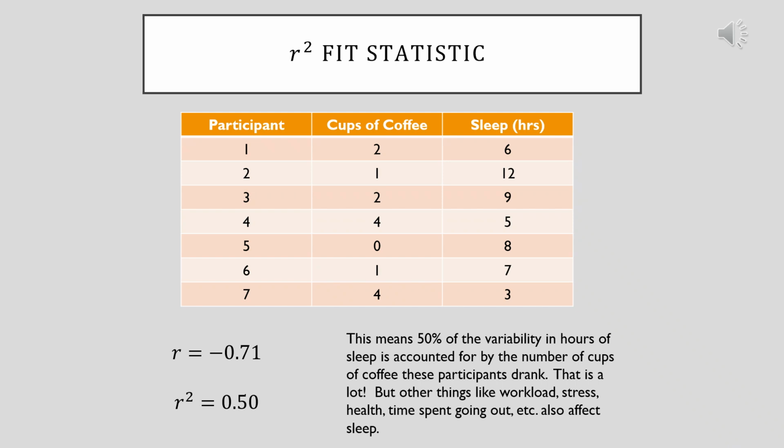Now in the real world, all those other things probably account for much more than 50% of the variability, and coffee drinking will account for some of it, but I made these data up, so you never know. In the real world, maybe coffee drinking accounts for 10% or something like that of people's hours of sleep, whereas other variables affect it much more. I'm not sure, but it might be something worth looking into.